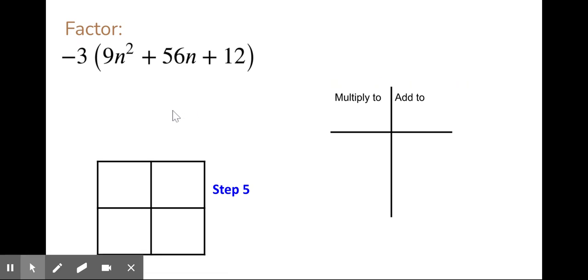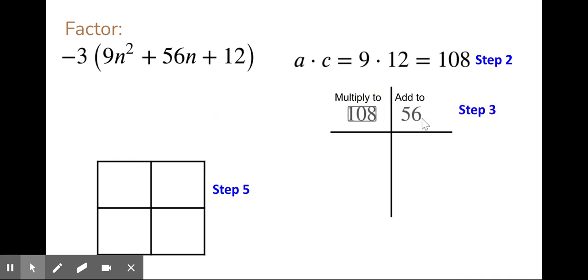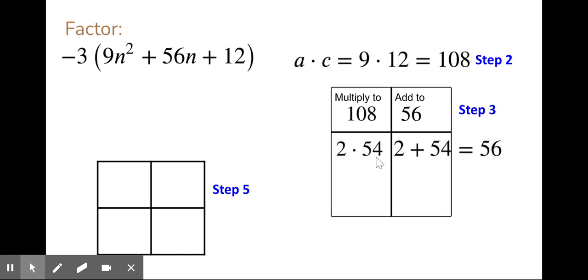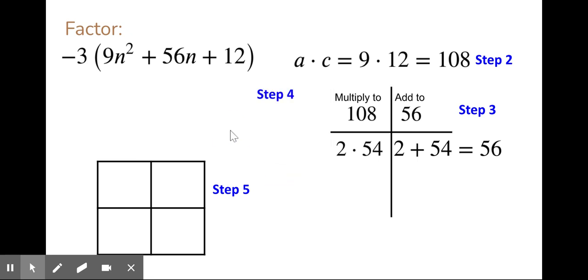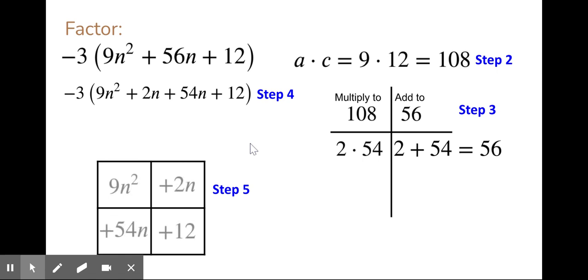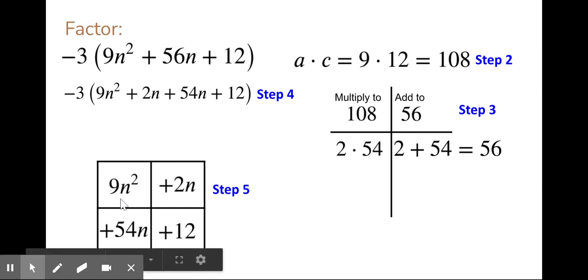From here, I am going to multiply my A and C to get 108 and find factors that add to 56. So 2 times 54 is 108, and 2 plus 54 is 56. So we rewrite it, and we get negative 3 times 9n squared plus 2n plus 54n plus 12, and put it in the box.